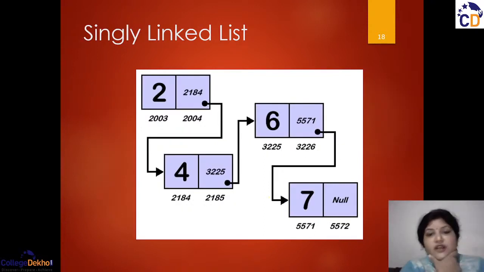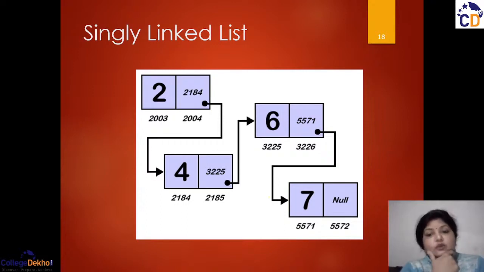So like this, we have taken one example. The variable is holding the value 2 and the address is 2184. So now we move to 2184. It has the value 4 and the next address is 3225. So it is holding the address like this, right? And you can see that the memory locations are different.